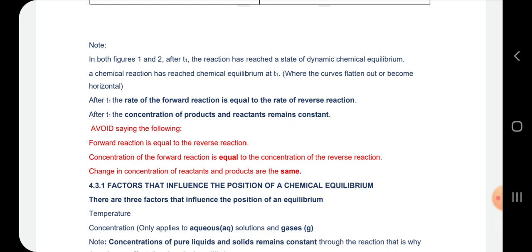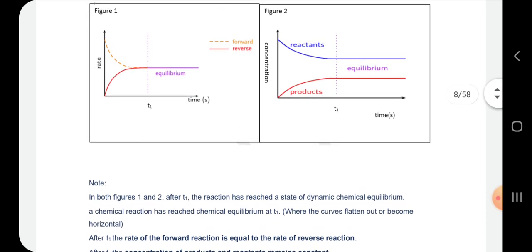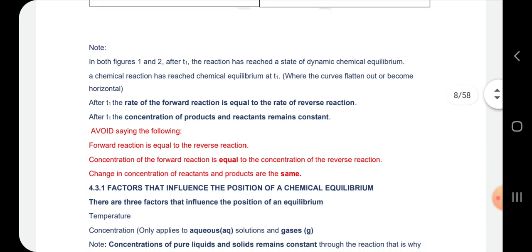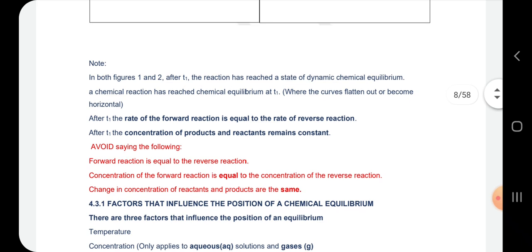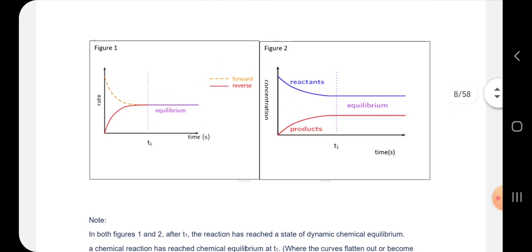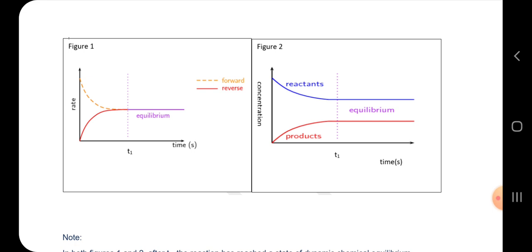A chemical reaction has reached chemical equilibrium at T1, where the curve flattens out to become horizontal. After T1, the rate of the forward reaction is equal to the rate of the reverse reaction. After T1, the concentrations of product and reactant remain constant. So that is the explanation of those two graphs.